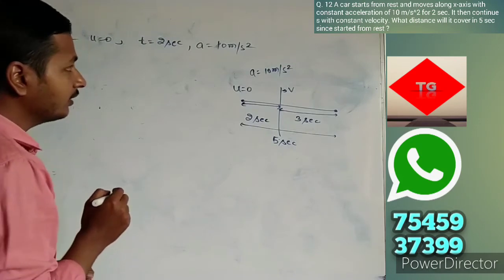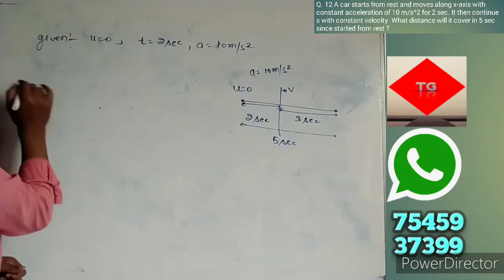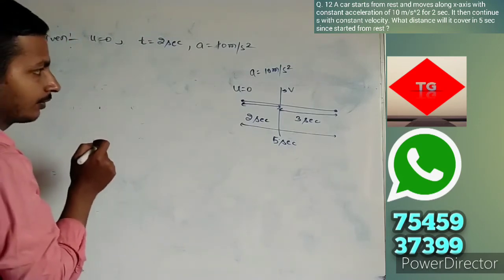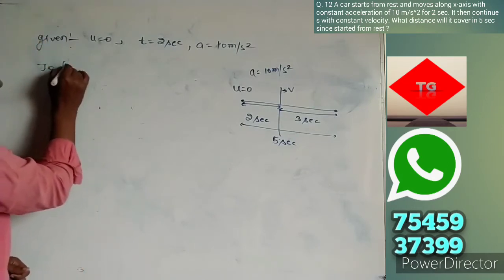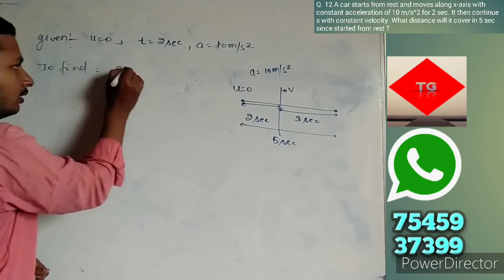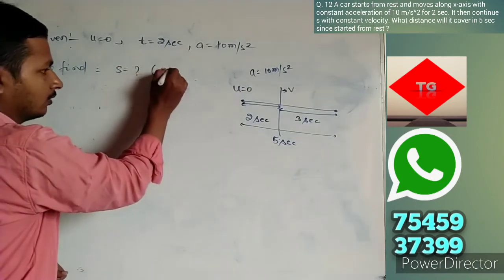After that you have to write what to find: the distance for 5 seconds.